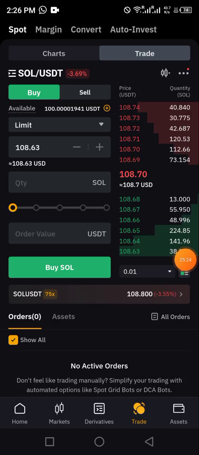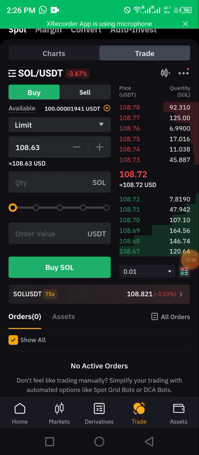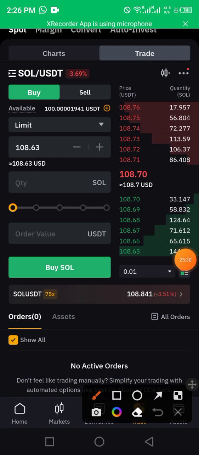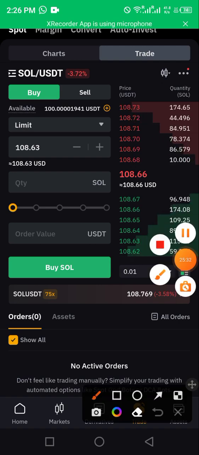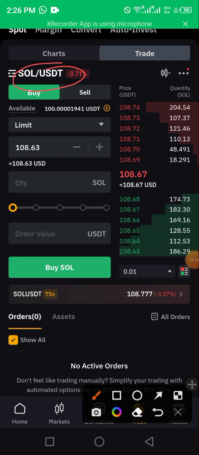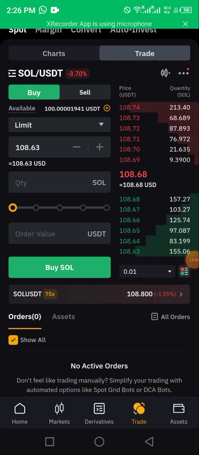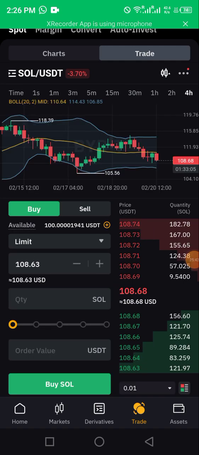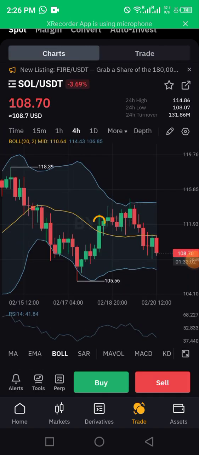So we are back on our Bybit exchange. We still have Solana, which is the one that gave us a better example in our illustration. Checking using the technical analysis on the charts, the details of which are in the two tutorials I highlighted earlier, we can see that the price of Solana is dropping.